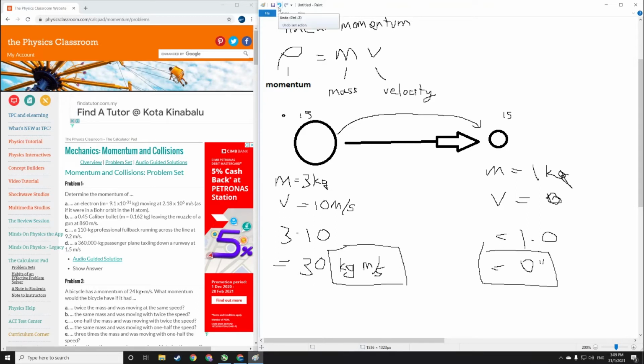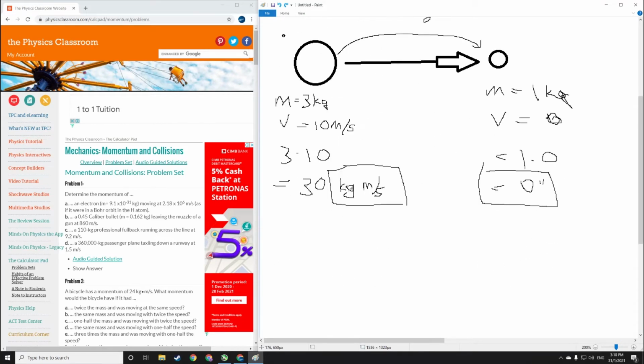What will not happen is something crazy like 20 over here and 0 over here, which would mean that we lost some momentum. Because of this law, we know that the momentum in a system is always conserved. So that's very important to remember. So anytime you have, let's say, addition of momentum, you always have to remember your initial momentum must be equal to your final momentum.